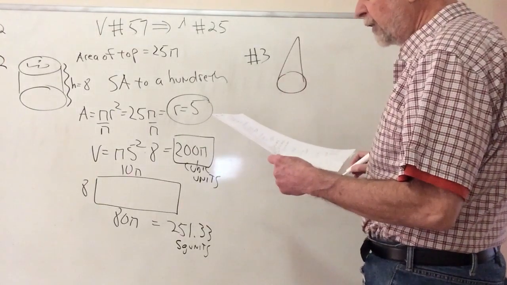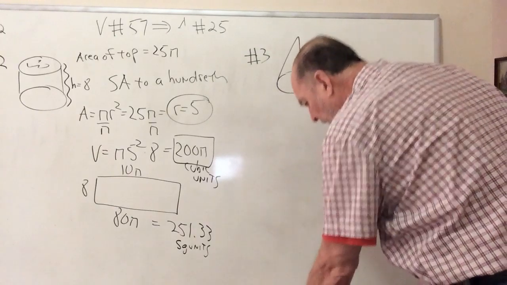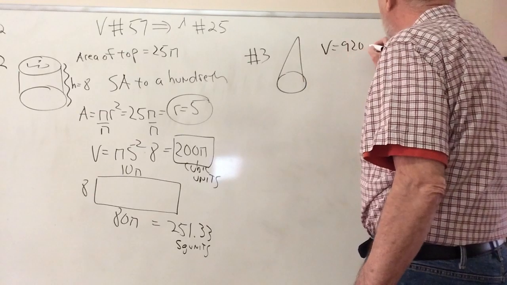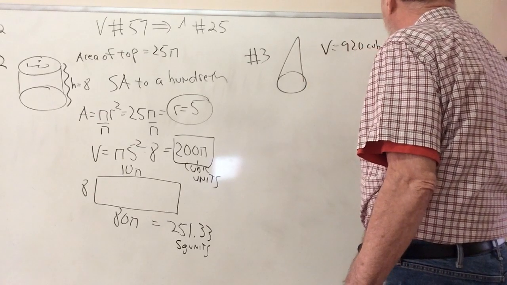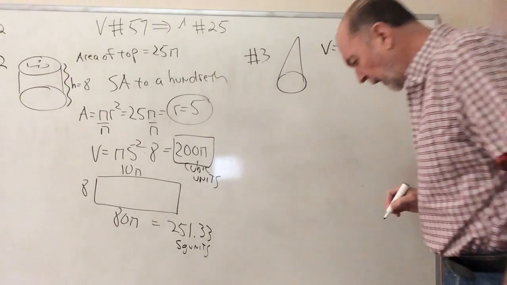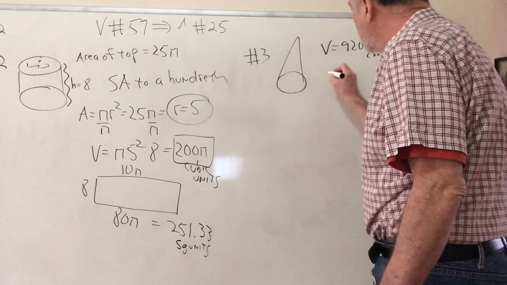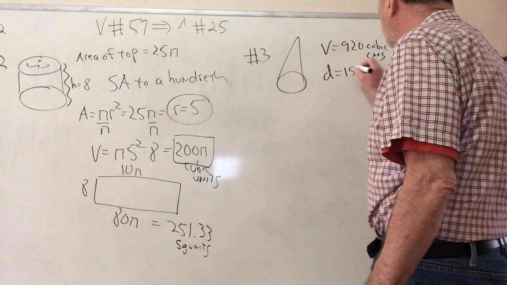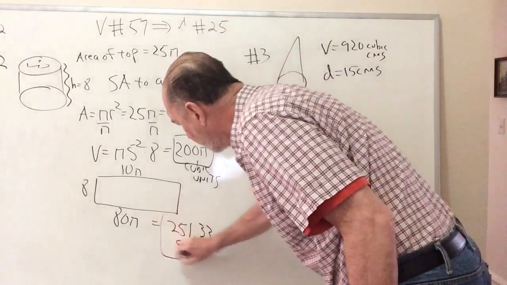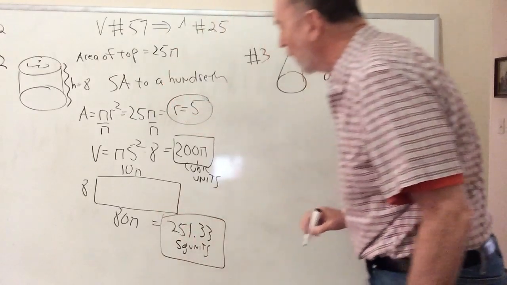There's my dunce cap or my cone. And the volume is 920 cubic centimeters. Again, I'm being very fussy about doing that kind of stuff. And the diameter is 15 centimeters. Okay, so on the homework, for those of you on the assignments, this was the correct answer.